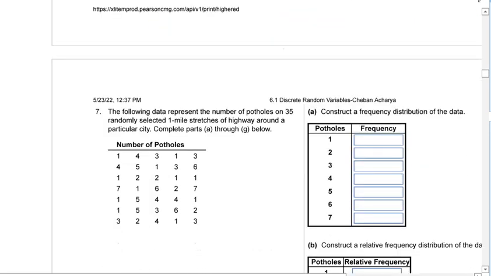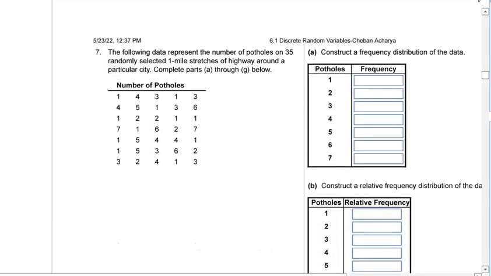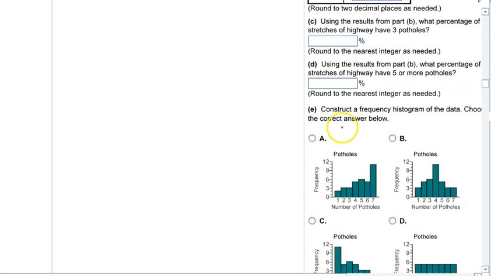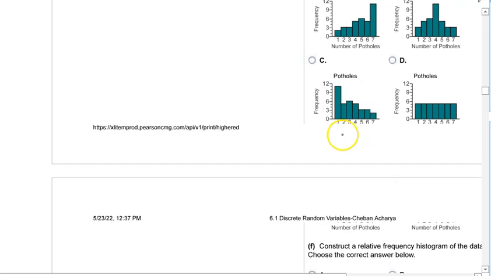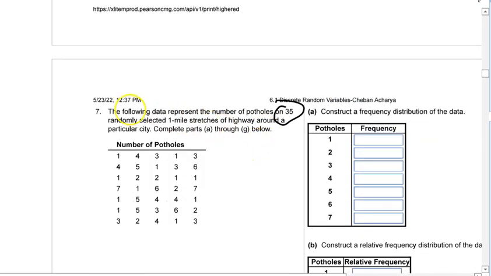Question number 7. The following data represent the number of potholes on 35 randomly selected 1 mile stretches of highway around a particular city. Complete parts A through Z. There is a bunch of questions here, and this is the random data. Obviously this is discrete data because the number of potholes is discrete.